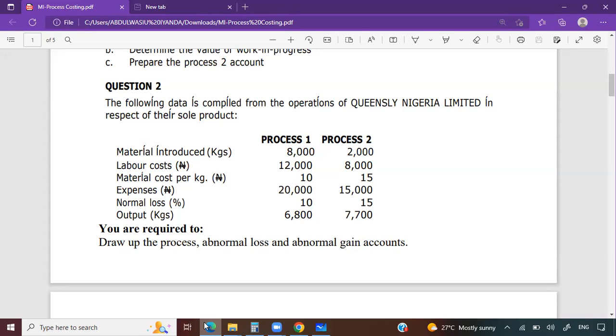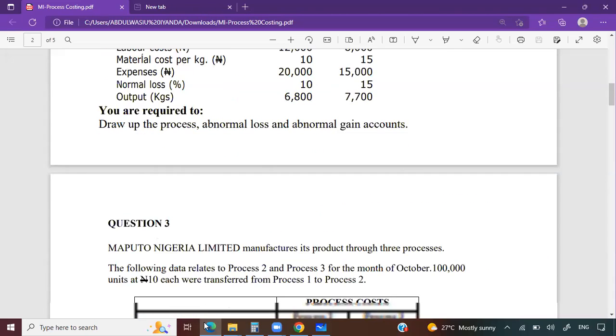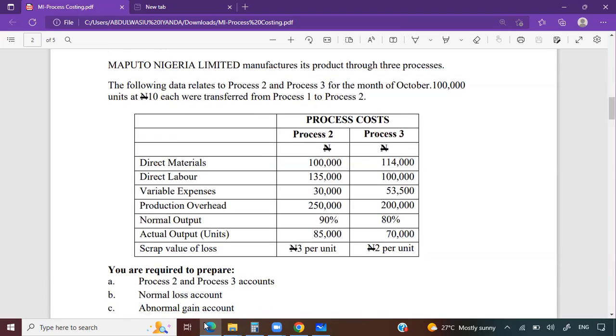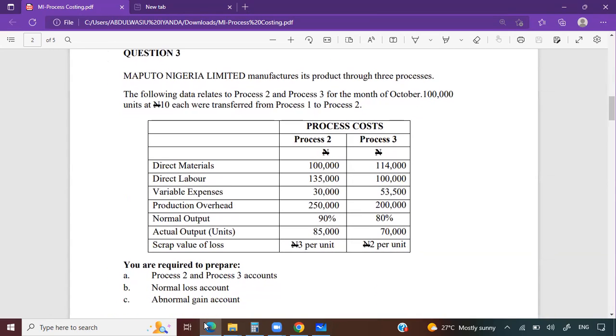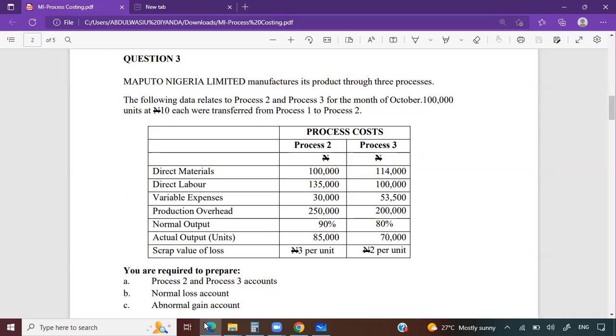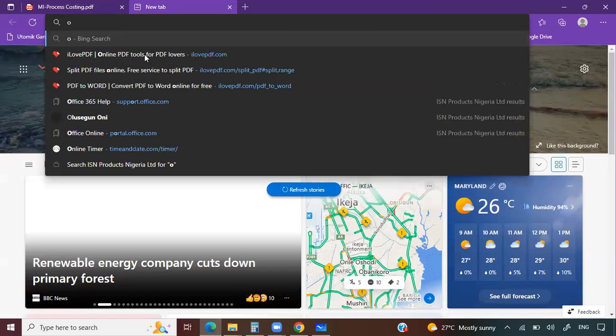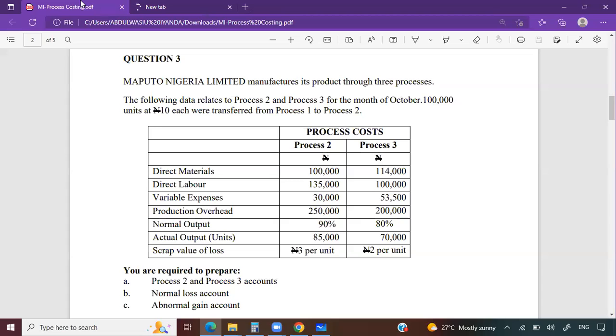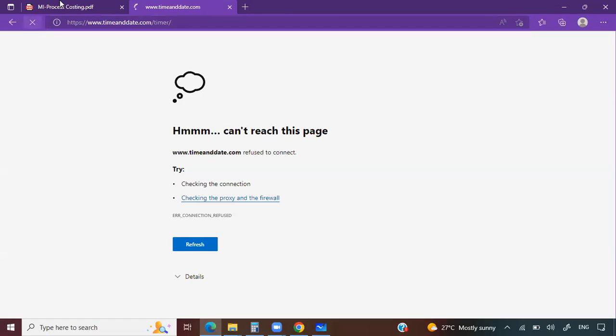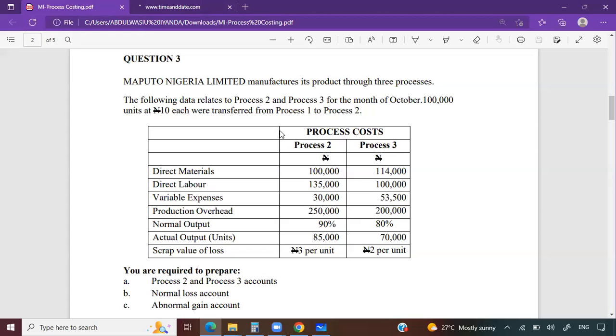So that's good now. Look at this question 3. Can we all attempt this question now? Hold on. Look at this question, question 3. But there's something I've not explained there. Look at this question 3.